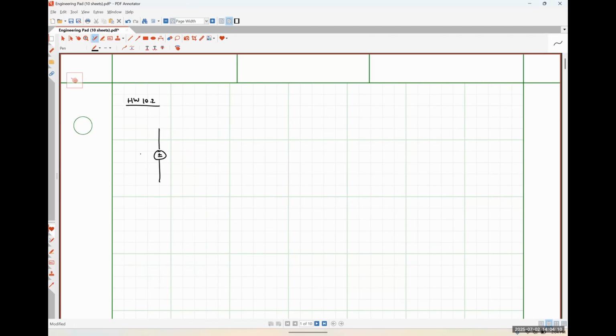We have a 20-volt source connected in series to a 40 ohm resistor. Then here we have a 200 ohm resistor, a 100 ohm resistor.